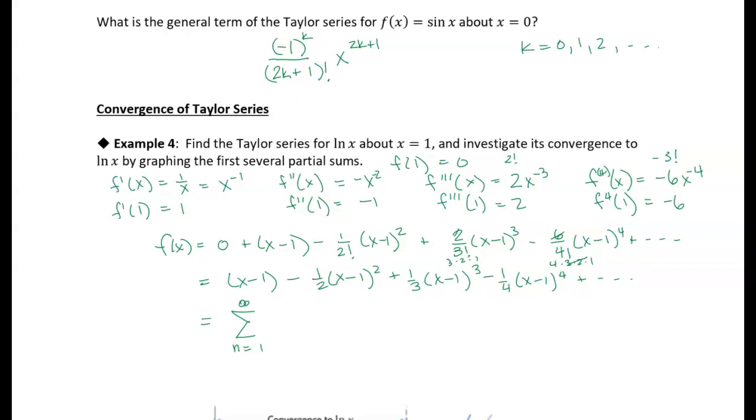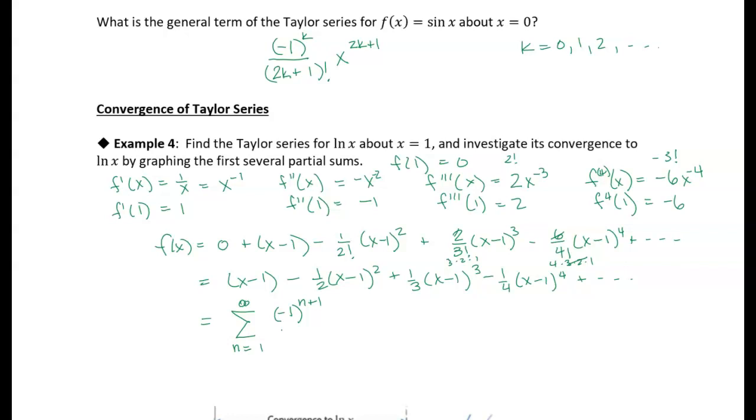So, okay, we have these alternating signs. All right, so we got -1 to some power, but I want the first term to be positive, and if I start at n equal 1, then I probably want to advance it by 1, right? Because I want an even power of -1 in order to get a positive 1 on the first term when n equals 1, right?